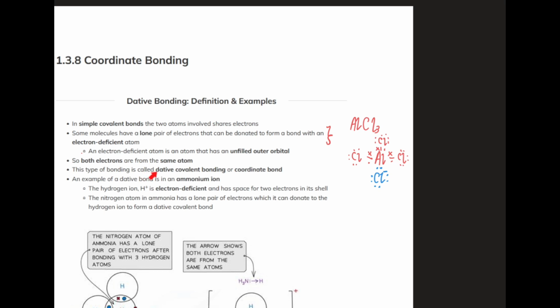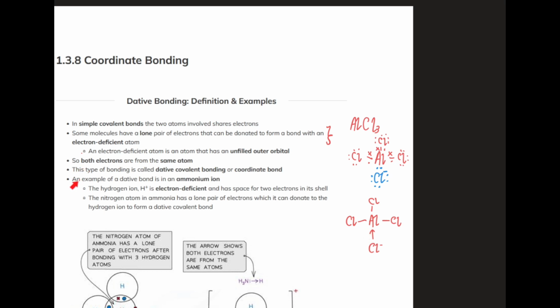This type of bonding is called dative covalent bonding or coordinate bonding. Normally we put it like this: aluminium, single bond, single bond, single bond, dative bond. Okay, so this is one way to present it. This and this are the normal covalent bonds, and this is the dative bond. It's a special covalent bond or coordinate bond.